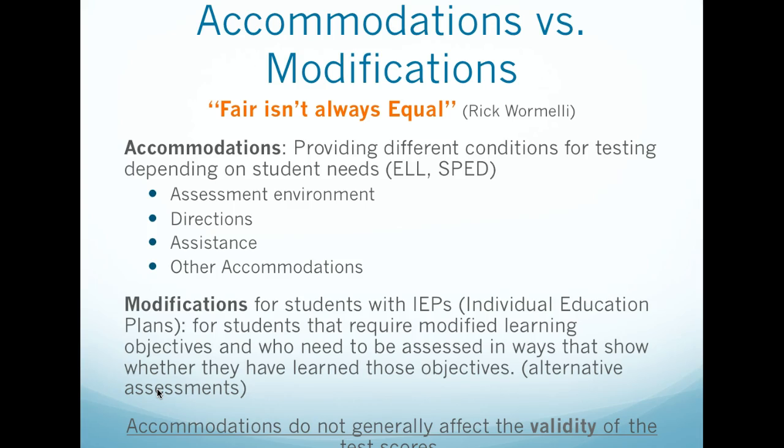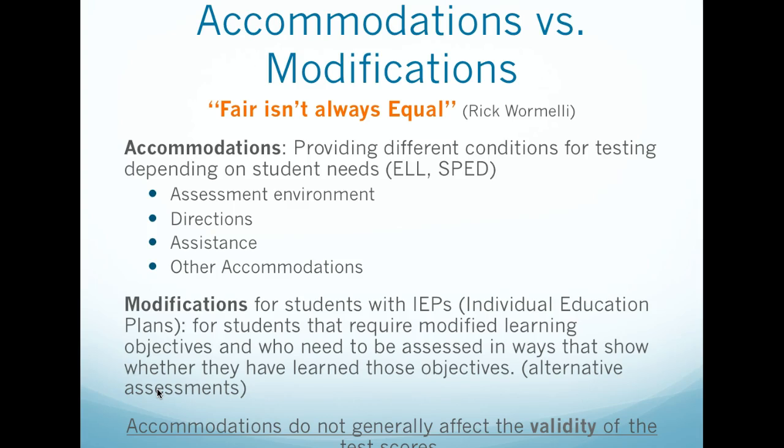Now we need to also take a look at differentiating assessments, and actually not so much differentiating, but providing accommodations and modifications. Fair isn't always equal, according to Rick Wormelli, and we need to address the skill levels and certain proficiency levels of students that either do not speak standard English or demonstrate some type of learning disability.